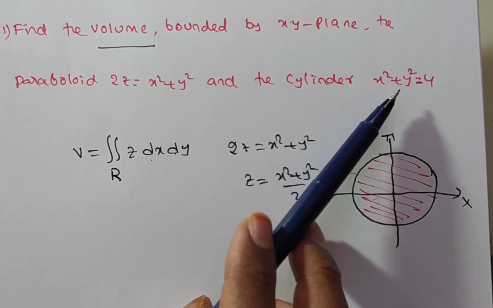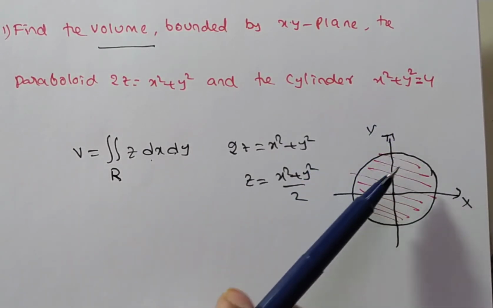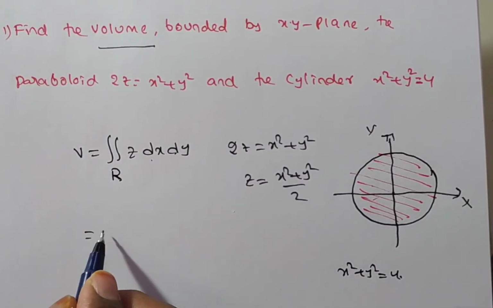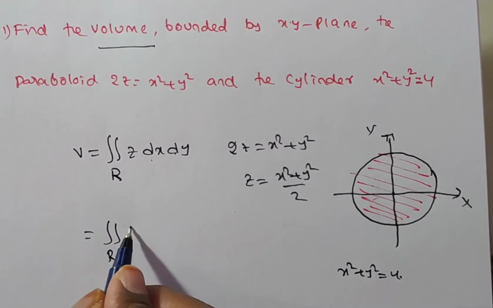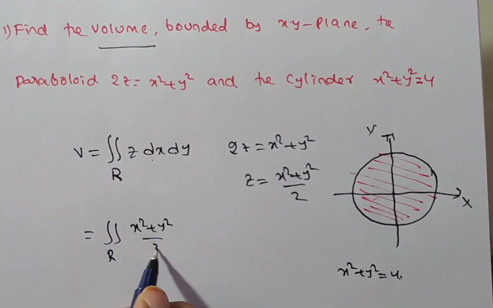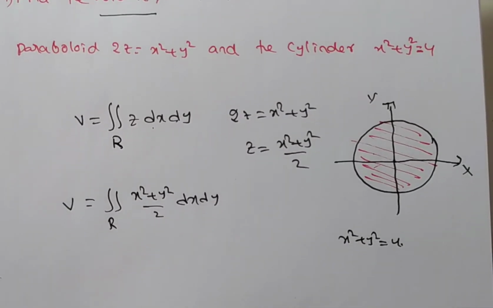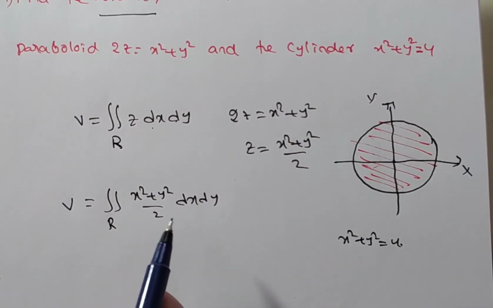What do we have here? x square plus y square equals 4 is a circle. I will write the steps for you. First, V is the double integral over R of (x square plus y square by 2) dx dy. Now to evaluate this integral, I am changing from Cartesian into polar coordinates.